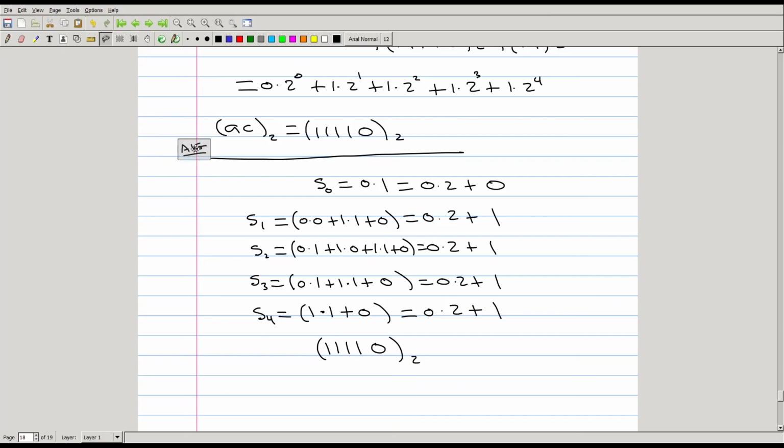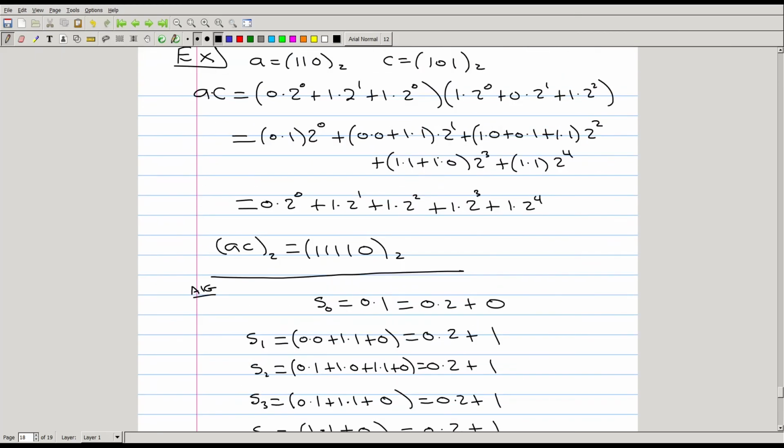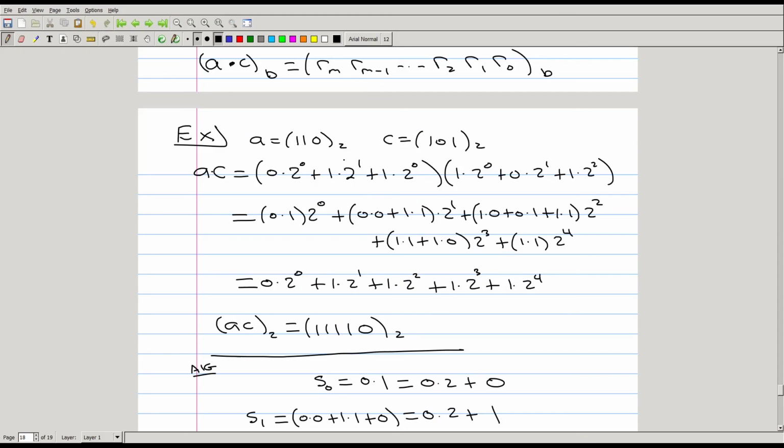So this is another way of calculating this multiplication. And the final thing that I want to point out here, just like before, is that if you want to multiply two numbers of any base, you can do it using the basic algorithm that you learned from grade school.